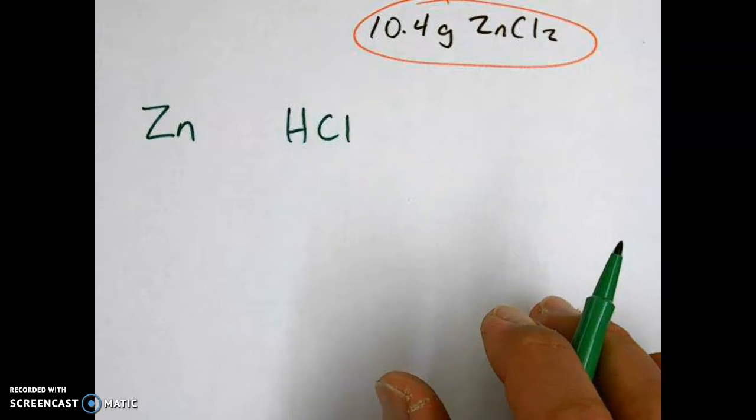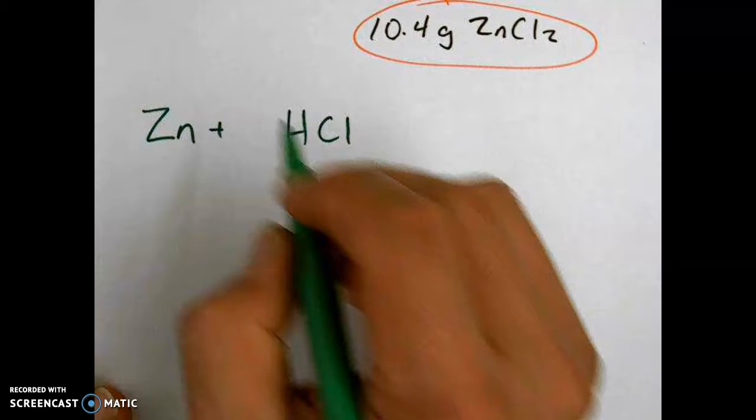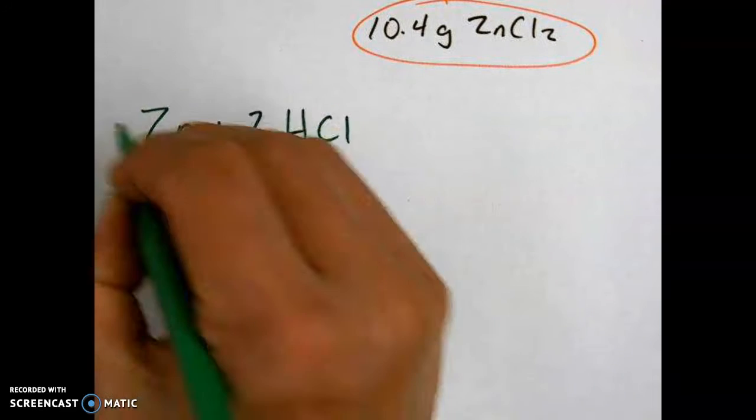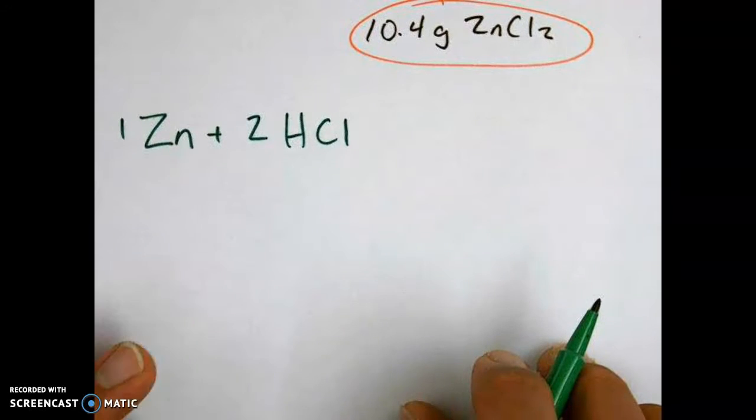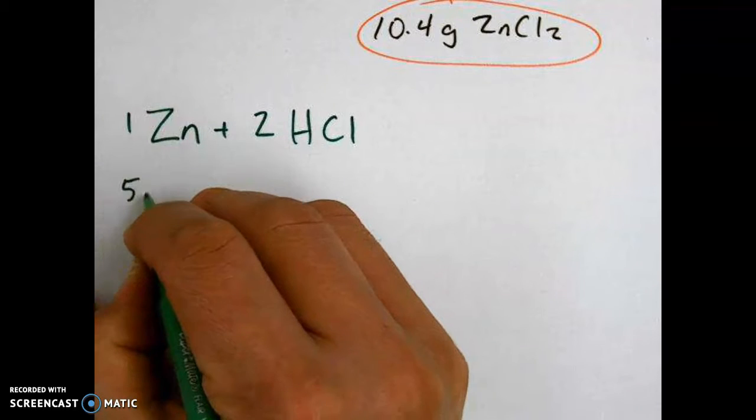This is hydrochloric acid, very strong stuff. You don't want to get it on yourself. So we have 5 grams of zinc.